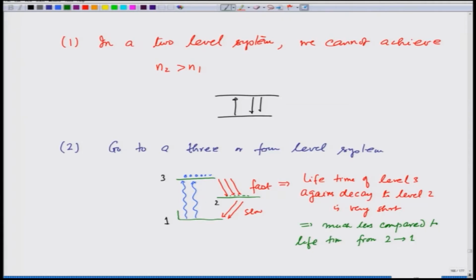So, they are getting depleted from here, a lot of atoms are being pumped up, and N2 and N1 would be such that I can achieve a condition where N2 is greater than N1. So, N2 greater than N1 is called population inversion. You have inverted the population from what normally happens in the thermal case.